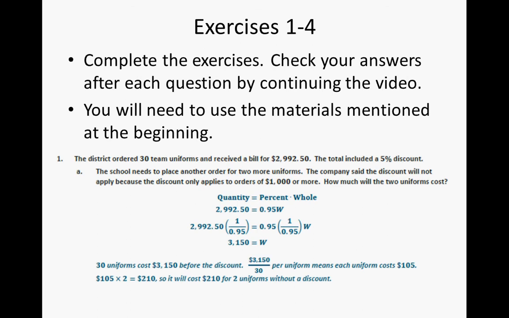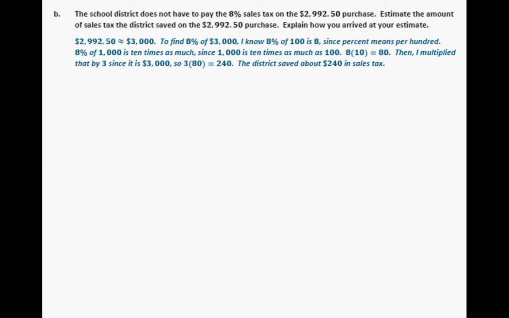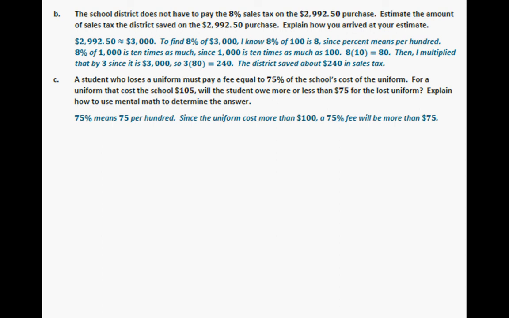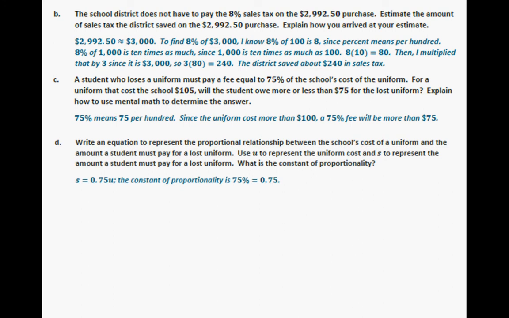And checking your answer, if there's something that does not make sense, make sure you write it down and bring it to class. Here is the next one. And the next part. And next.